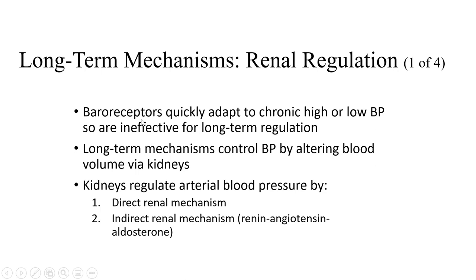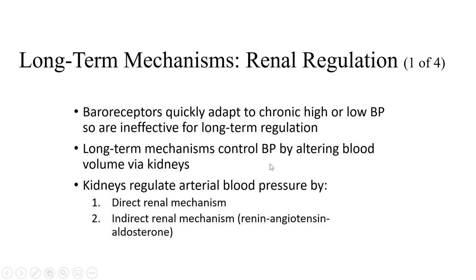So if your baroreceptors adapt to your consistently high blood pressure and do not react anymore, then you are going to end up having consistently high blood pressure without your body doing something to lower it. That's not very good, because you can lose your kidney in a few years.